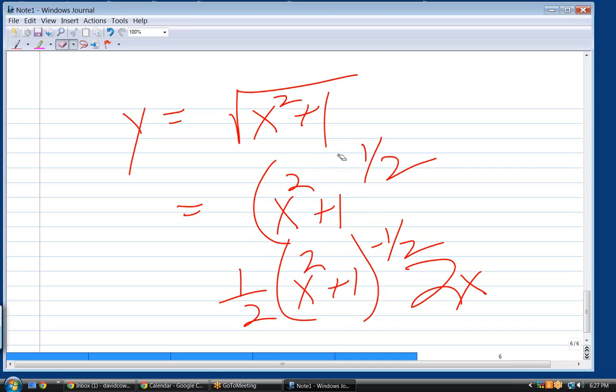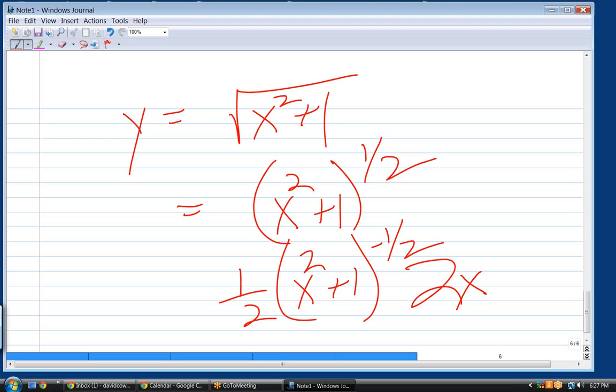If you've had the product and the quotient rule, I suspect you probably have had the chain rule also. They generally all go together. The chain rule is the only one that's hard to understand.